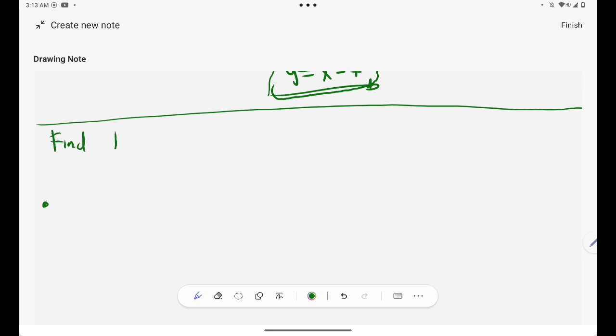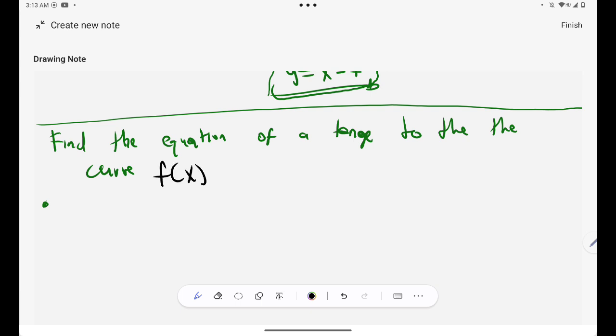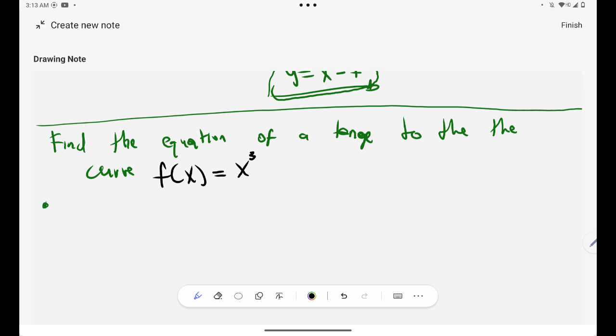You must find the equation of a tangent to the curve f of x is equal to x cubed at the point of inflection.